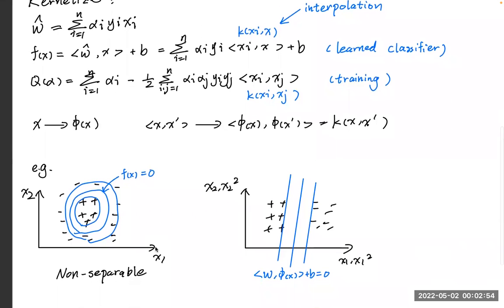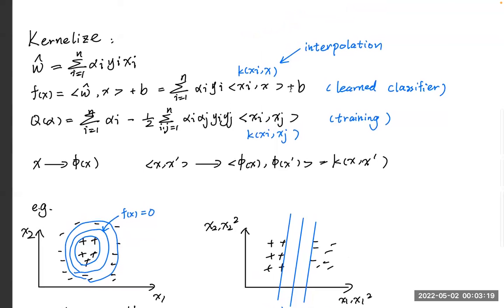Okay, but in any case, you can see that here we have our classification boundary, which is actually our score, w phi x plus b, right? So this is f of x. If you change this x to phi x, it will be w phi x plus b, right?